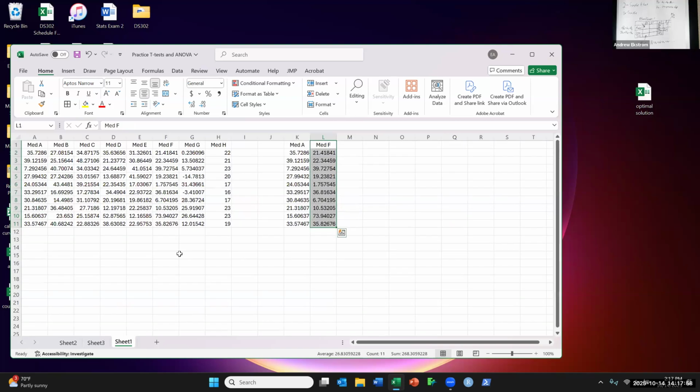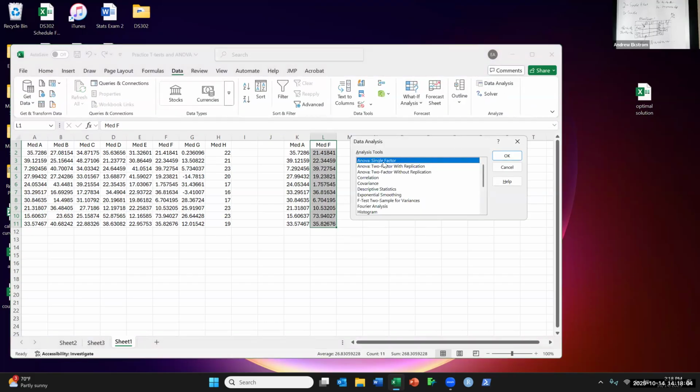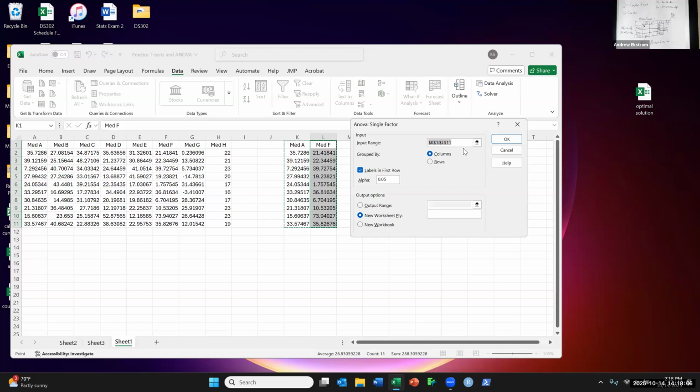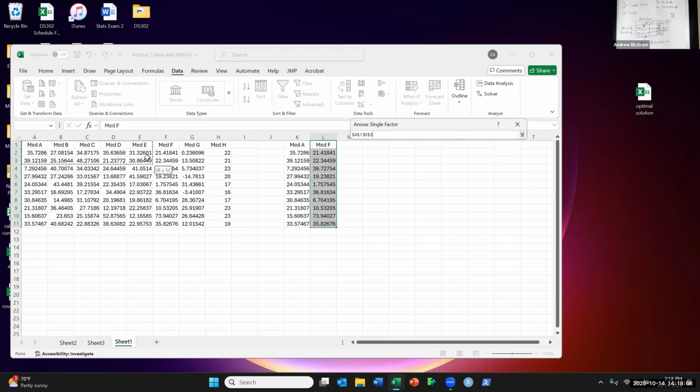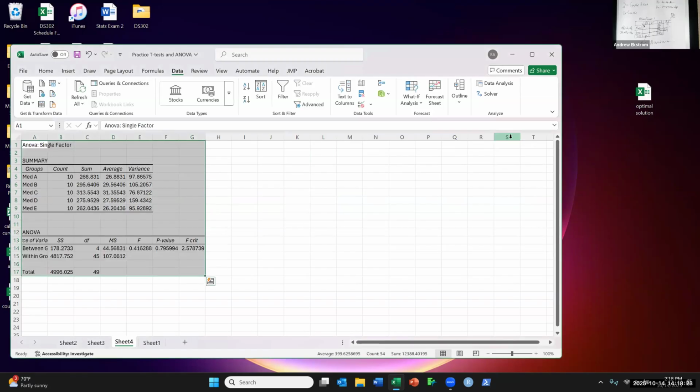Now with the ANOVA, I'm going to go back and redo this again. So ANOVA single factor. Again, I'm doing it in Excel just so that I can zoom in and you can see everything that's in these tables. We're going to be doing it with Minitab just to do everything properly. So I'm going to click on OK.